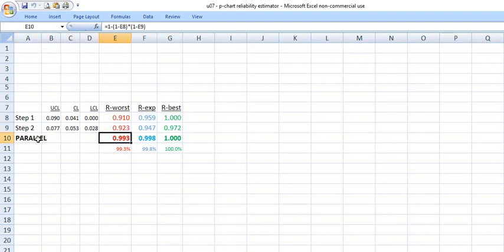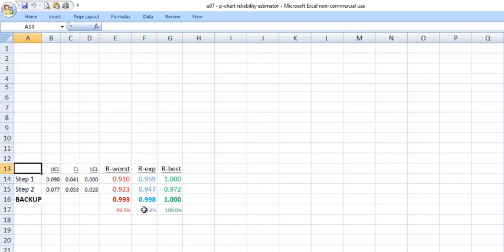Remember, with parallel processes, reliability, 2 steps in parallel have a higher reliability than either of their components. So here I'm using a different formula. I'm actually taking 1 minus the probability that both will fail as I go through. So again, my worst case performance in parallel is 99% reliability. My best case is a reliability of 1. But again, I've got 3 different point estimates as I go through.